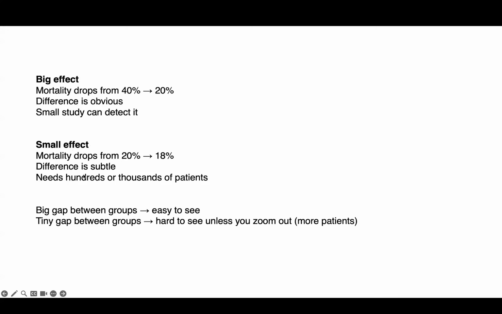This difference is subtle. So to show this subtle difference, you will need more number of patients. So big gap between groups is easy to see, but tiny gap between groups is hard to see unless you zoom out. So that means you need more patients. So this is the easiest analogy to understand the importance of sample size.